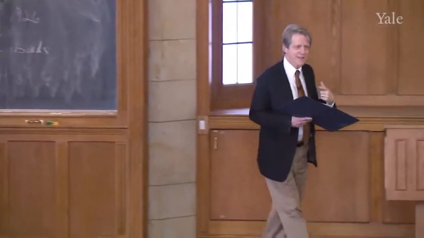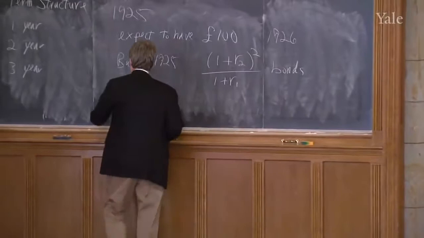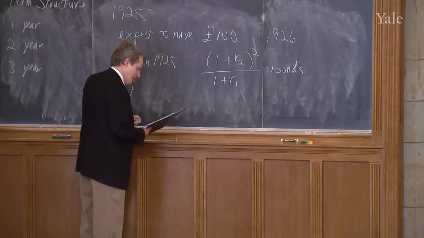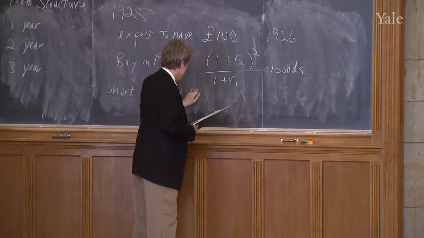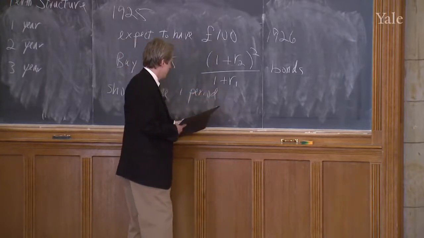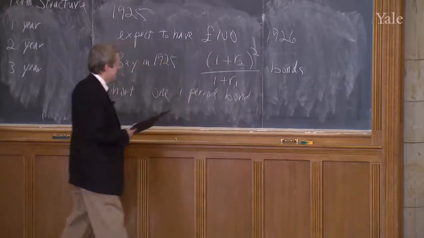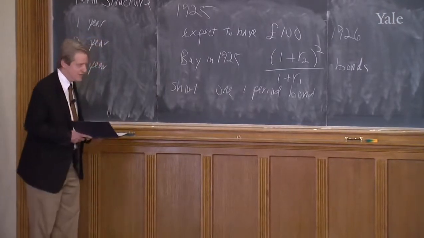They'll mature in 2 years, okay? And then I have to short in 1925 one-period bonds, worth 100, that matures at 100 pounds, okay?